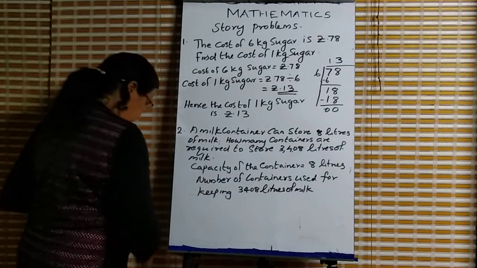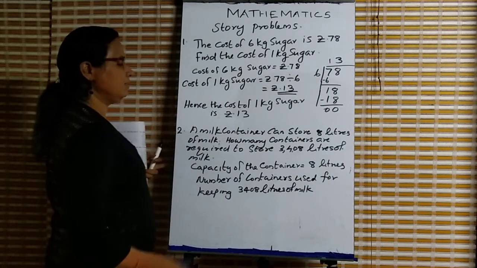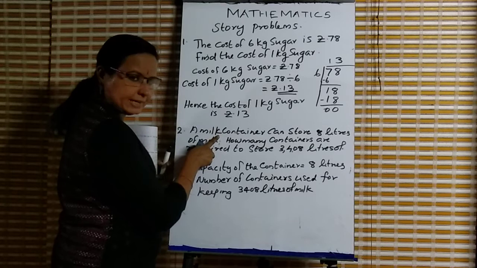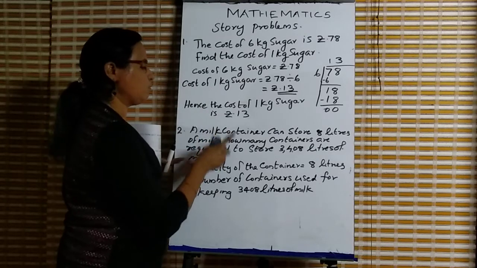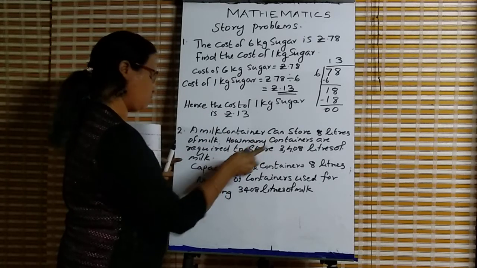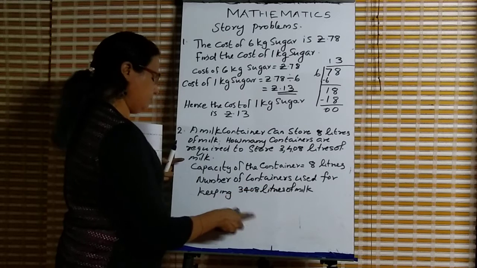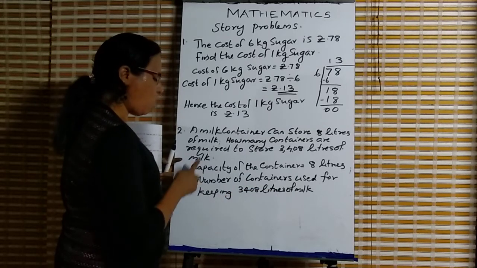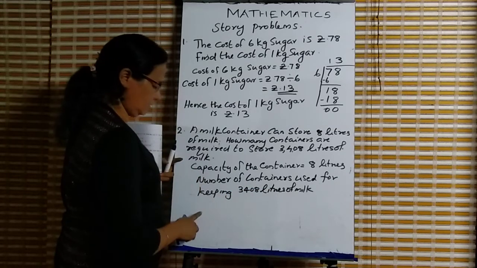How can we calculate? One container contains 8 liters. So, 3408 liters of milk needs how many containers?